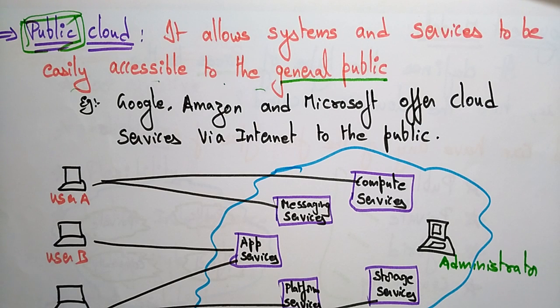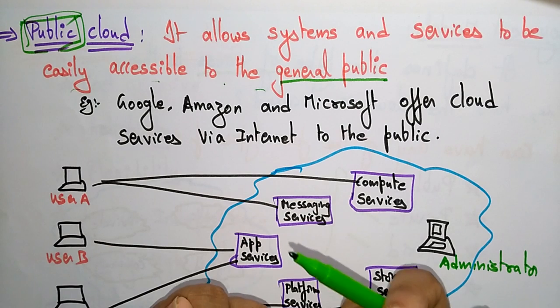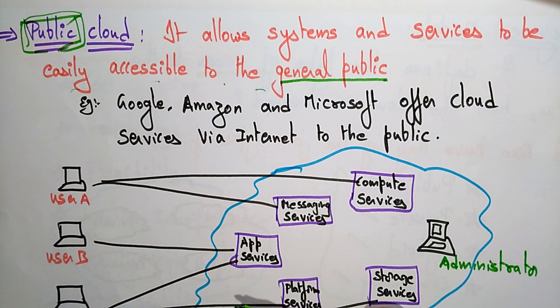Just like if you want to download any software, if it is a free download, anyone can access it, or else if you want you can pay and download. Things offered to users to access, download and use without any restrictions come under the public cloud.